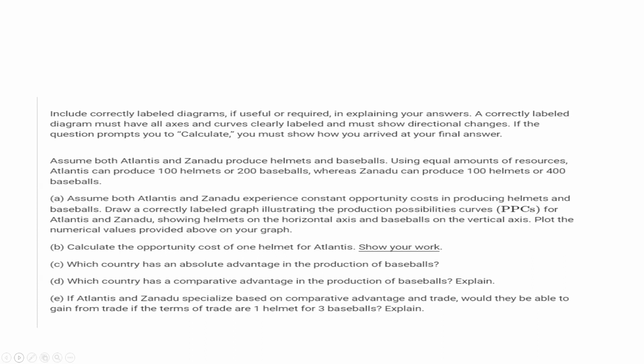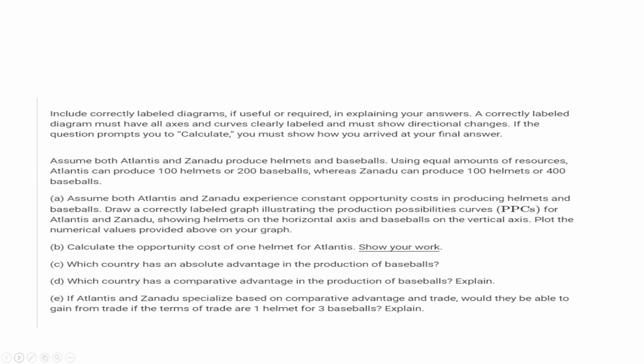Okay, if you're reading this, I think one of the things to underline is constant opportunity cost. If the opportunity cost is constant, what does that tell you about the production possibilities curve? Yeah, it's going to be a straight line because resources are easily adaptable.